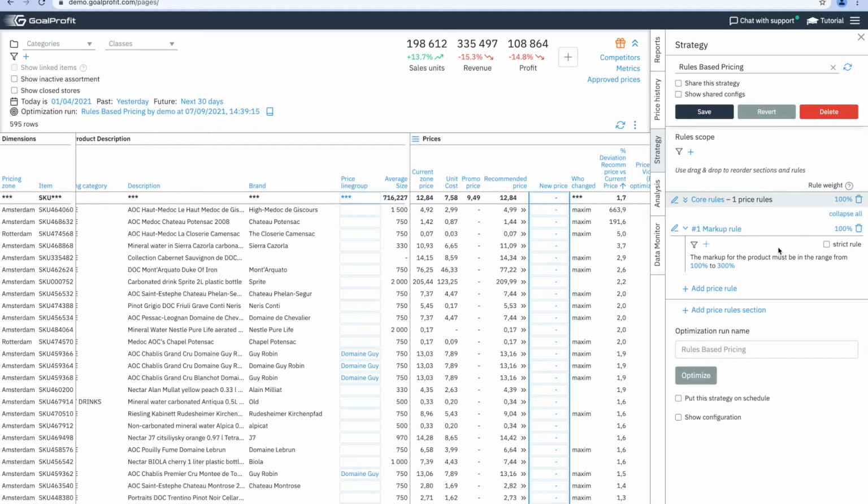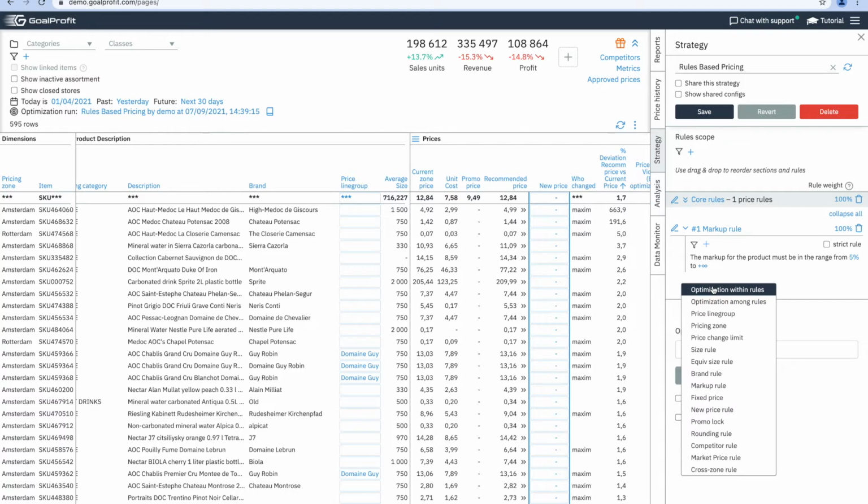We don't want to sell products below margin, below profit. So we can say that our markup for products should be not less than 5%. The minimum markup we want to have is 5%.